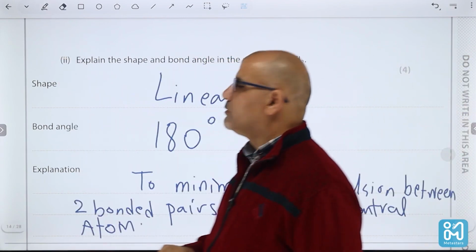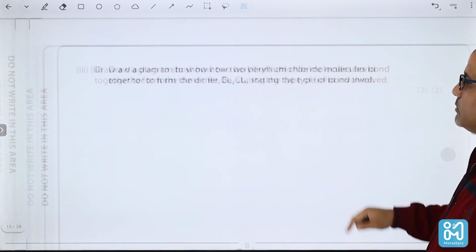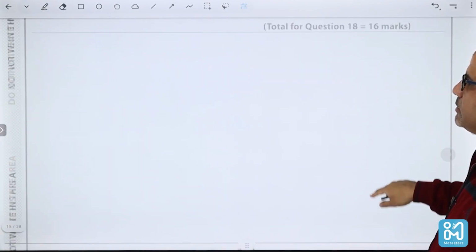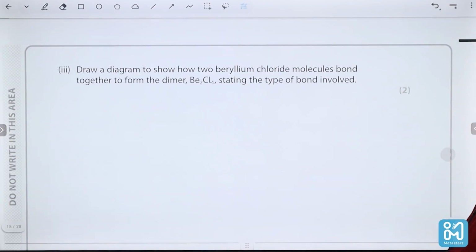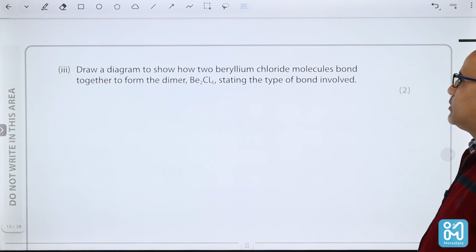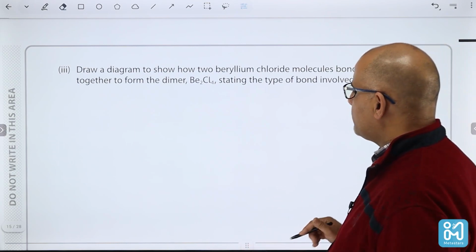Okay. Now, for the next question, draw a diagram to show how beryllium chloride molecules bond together to form a dimer.